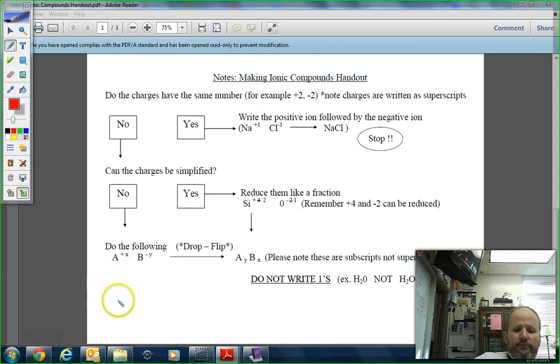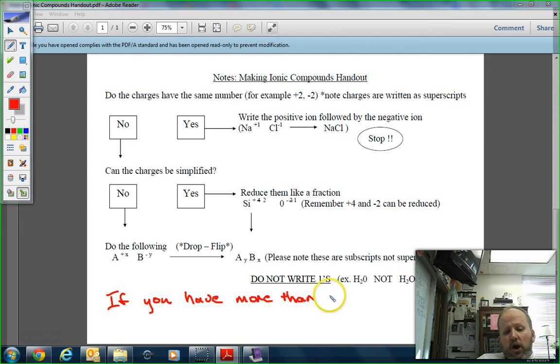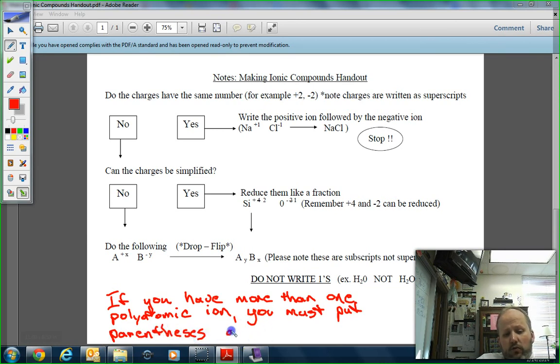So at the bottom, if you have more than one polyatomic ion, you must put parentheses around it.